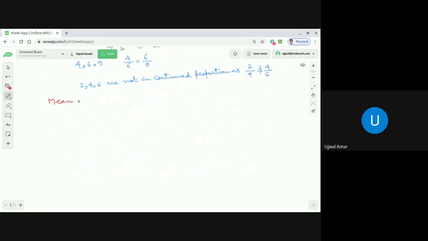Mean proportional and third proportional.